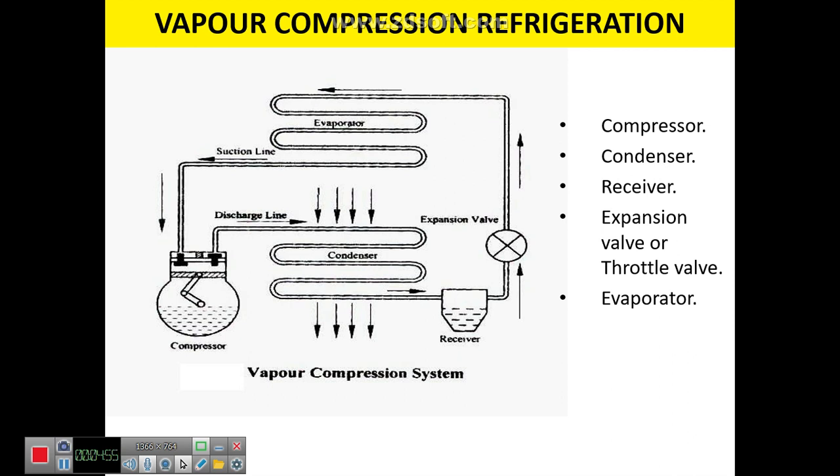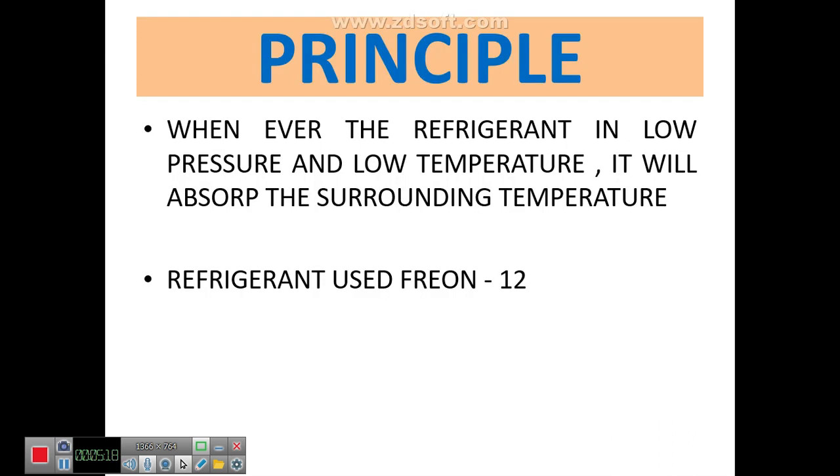The output of the evaporator is partially heated, that is, a medium temperature and medium pressure refrigerant. That is once again sucked by the compressor, and the output is as usual high pressure and high temperature. Likewise, the cycle goes on repeating.